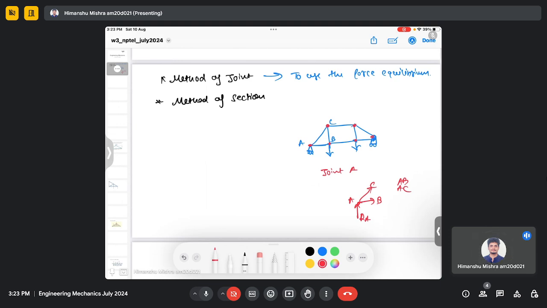So in the method of joints you can see that these forces are concurrent in nature, right? These forces AB and AC are concurrent because their lines of action meet at a single point, which is this point.